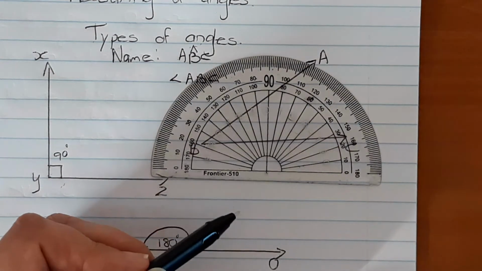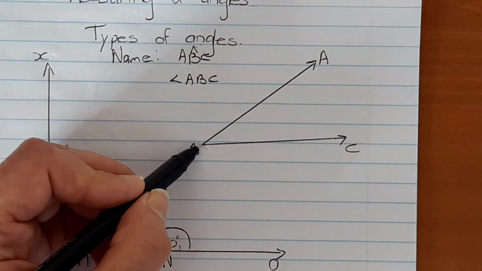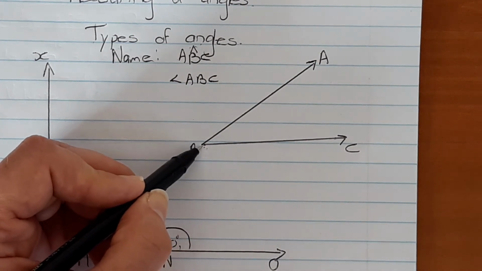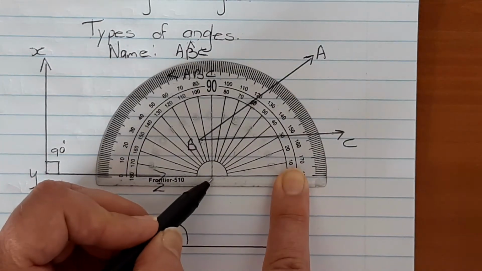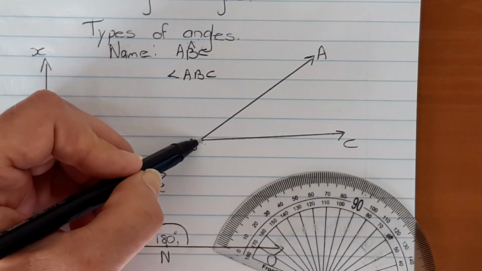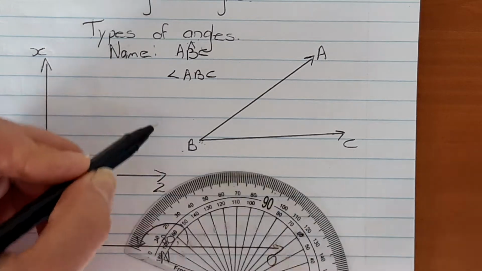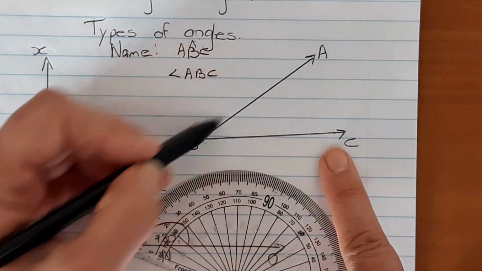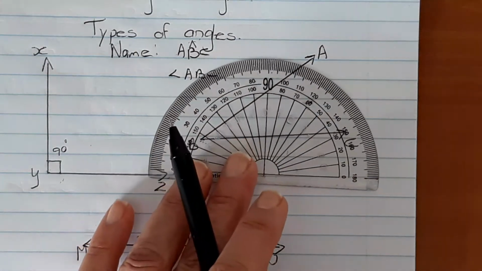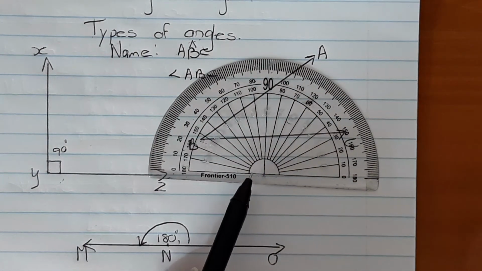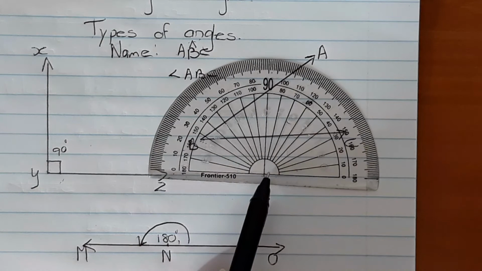Your vertex, where the two lines intersect, must be exactly where the cross of the protractor or the hole is. And then one of these two lines, you can decide which one, must be on the line that goes to the 0. So it can be on that line or that line.